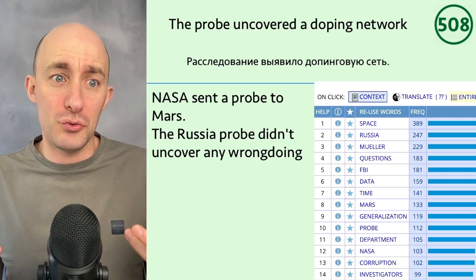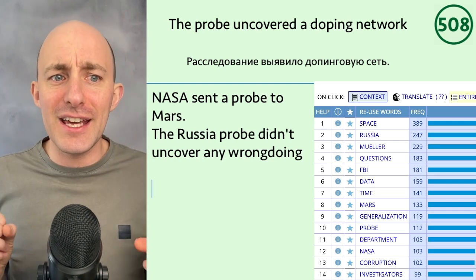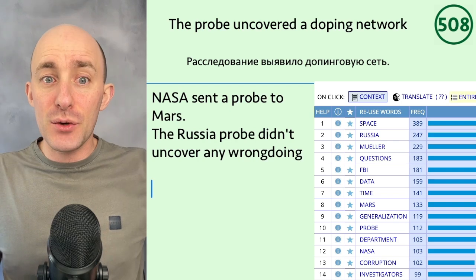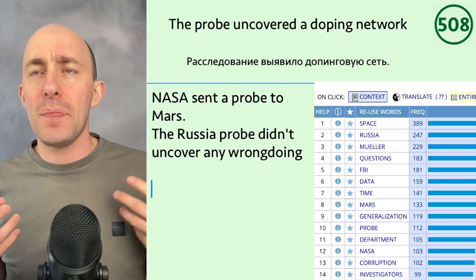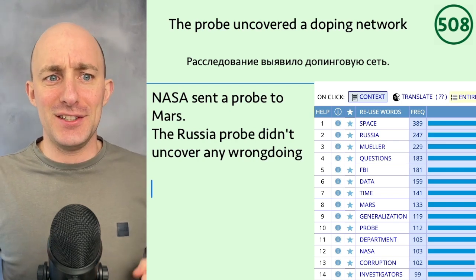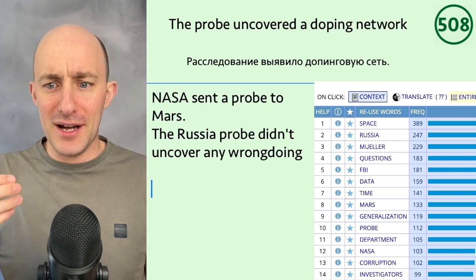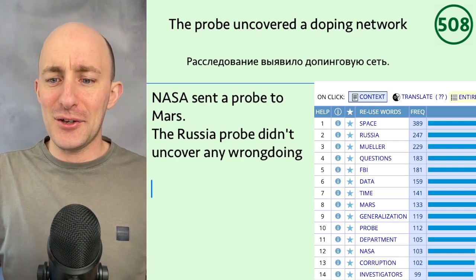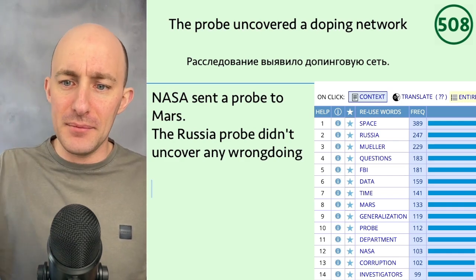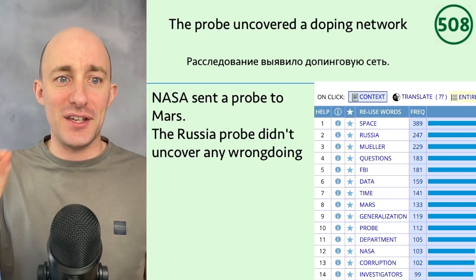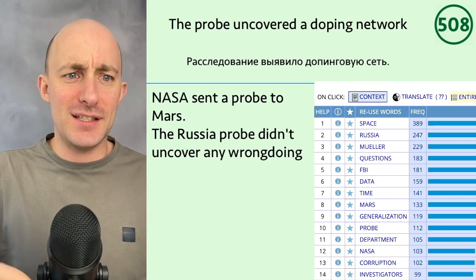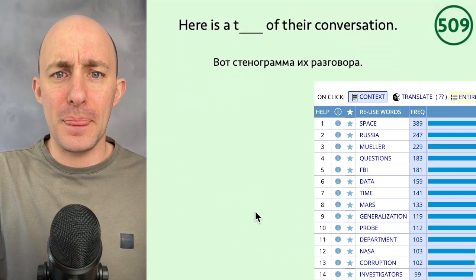There was a long Russia probe, like an investigation. They didn't find anything. So a probe is a kind of police investigation, or we can use it to talk about space. Like you can see here, we also find NASA, Mars, space. So two things: space and the police, the security services.